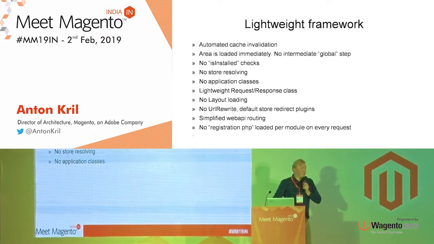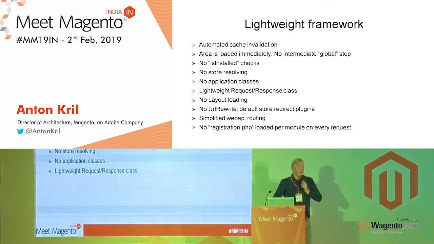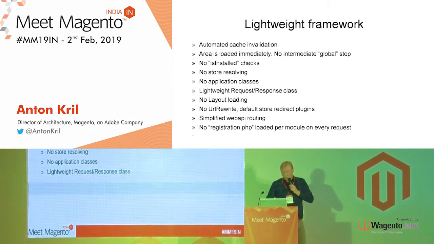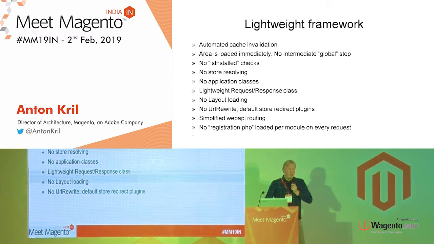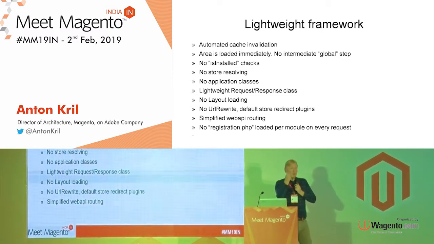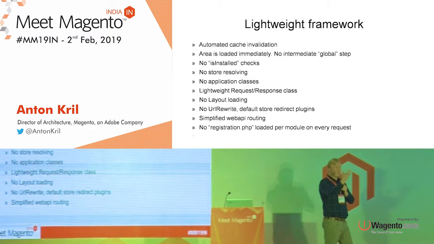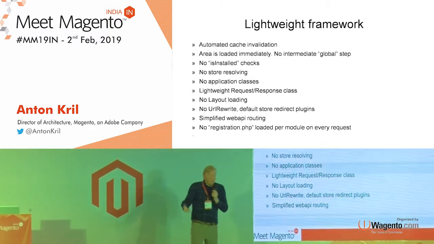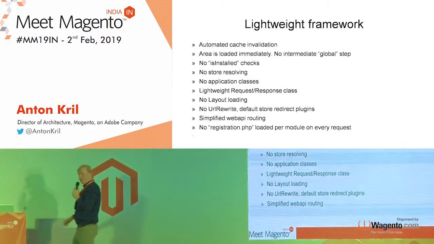Application classes, I told you, we killed them because we don't need area resolving. Much lighter request and response classes, because they load too many dependencies. No layout, no URL rewrite, and none of this stuff that you don't need. In a checkout service, if you just serve web API requests, you don't need layout. That's the benefit of an isolated application.